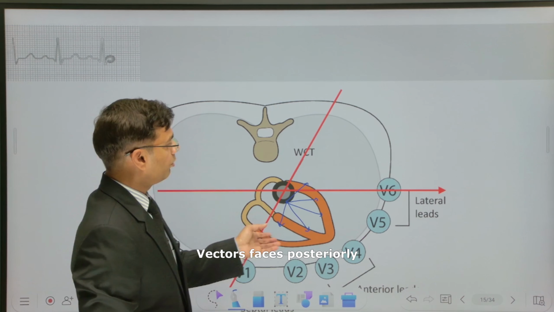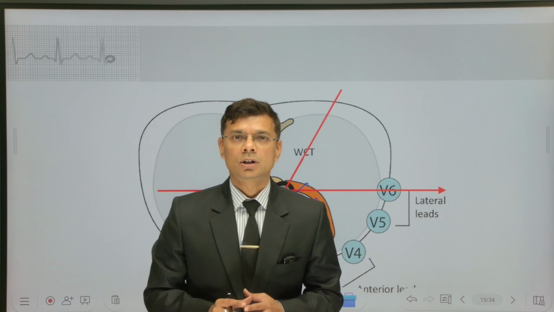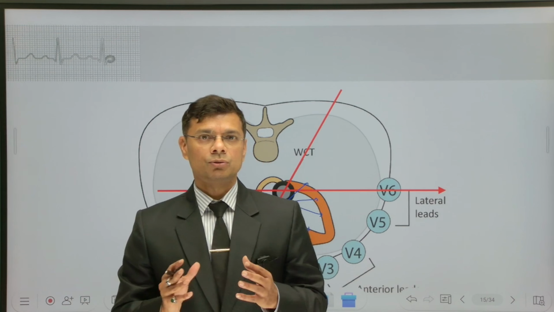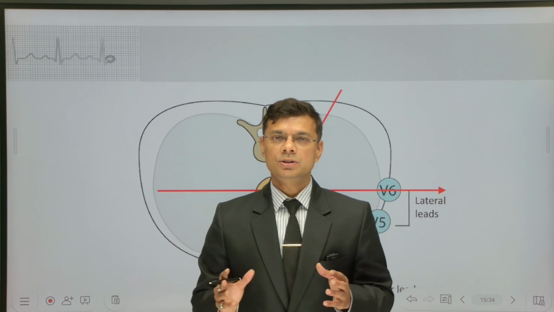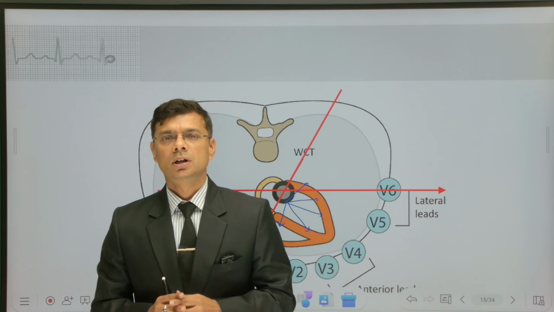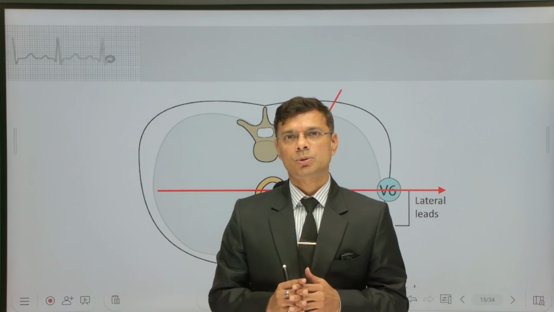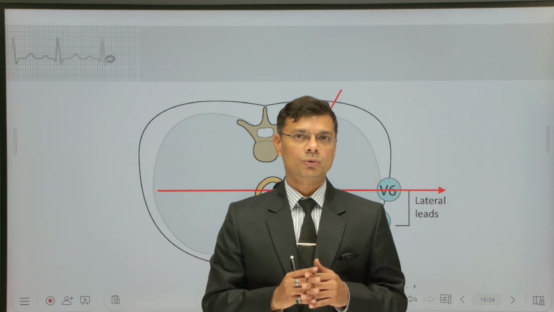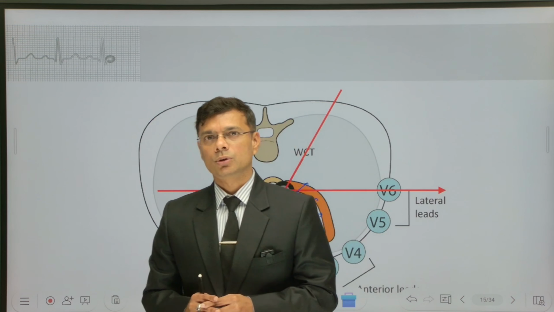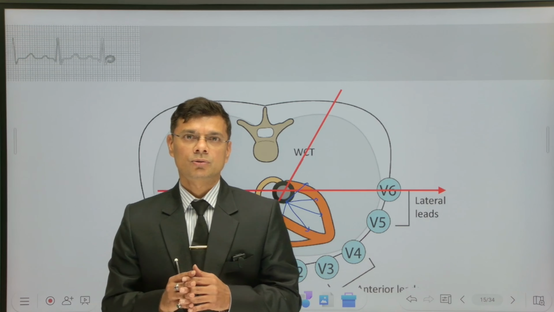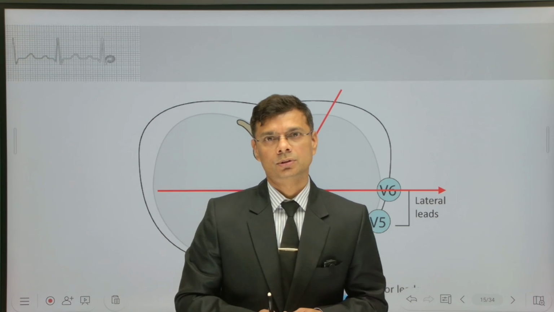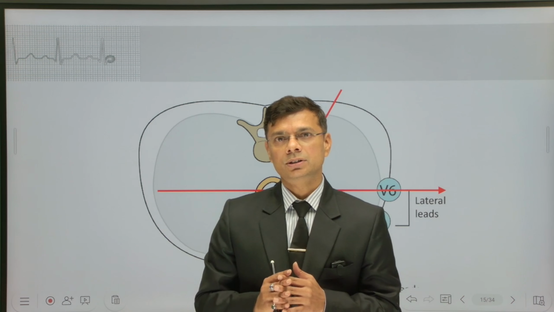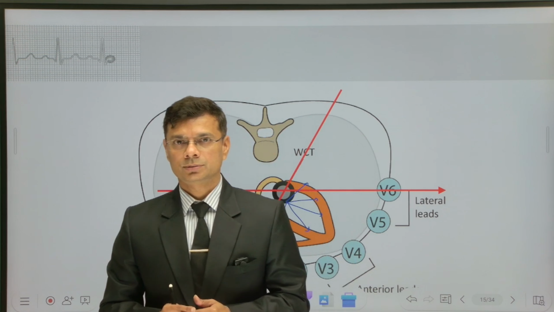And all those vectors, as we will soon see, get projected on the leads and will form the ECG waveforms. Till now we have developed the concept of leads and also understood the concept of heart dipole vectors. Now we have a ground to understand the interaction of lead and the dipole, and we will learn how the ECG waveforms originate.